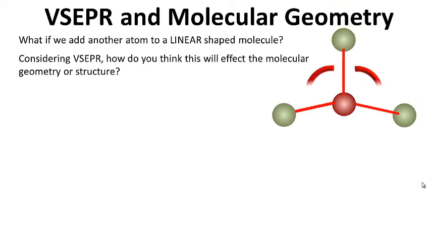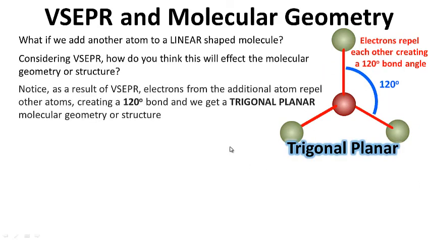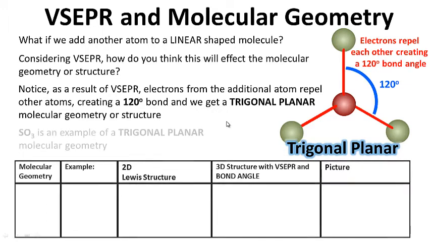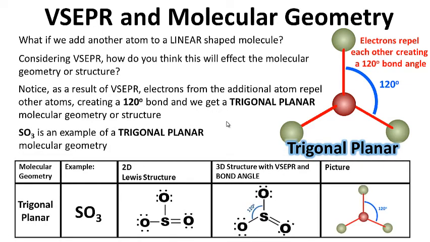Okay, so notice, as a result of VSEPR, electrons from the additional atom repel other atoms, creating a 120-degree bond angle, okay, and we get a trigonal planar molecular geometry or structure. SO3 is a perfect example of a trigonal planar molecular geometry. So before we drew a Lewis structure that looks like this. In reality, we might want to consider drawing something like this, okay, with a 120-degree bond angle.